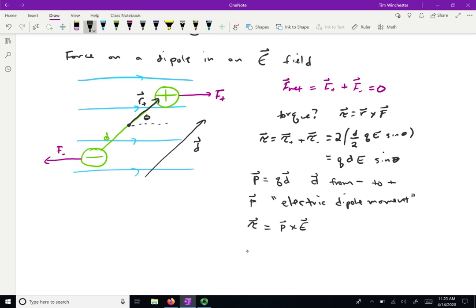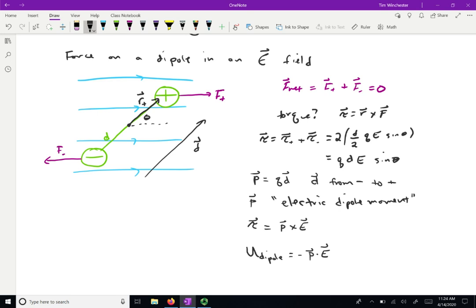And so the energy that's associated with that alignment, the dipole energy, is equal to negative P dot E. So the dipole being aligned with the electric field is the lowest energy state. That's the stable state. The dipole being opposite the electric field is the unstable state. It'll want to turn then in order to go back.